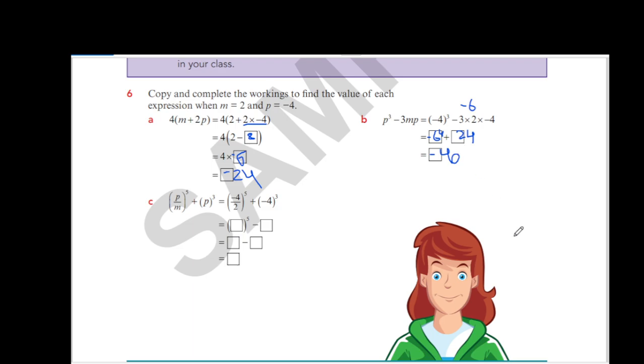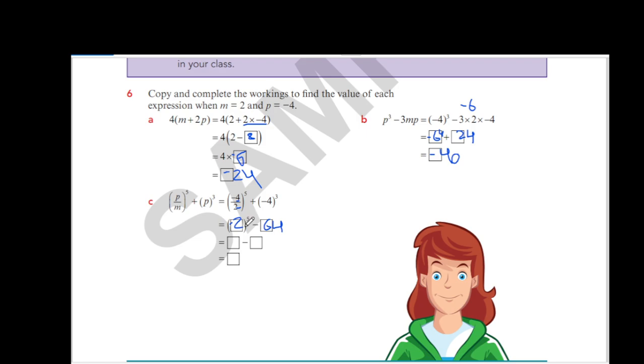Okay. Expression number C. By solving 4 over 2 in brackets to the power 5 plus -4 to the power cube, first we can easily solve this 4 and 2. 4 divided by 2 is 2, and the -4 cubed will be -64, because the cube of a negative number is always negative.